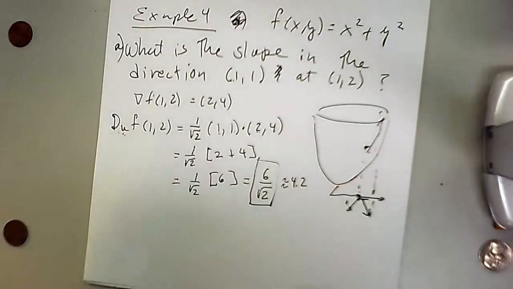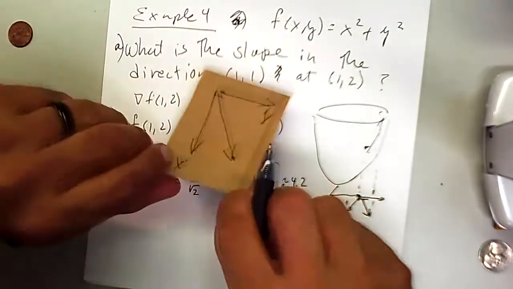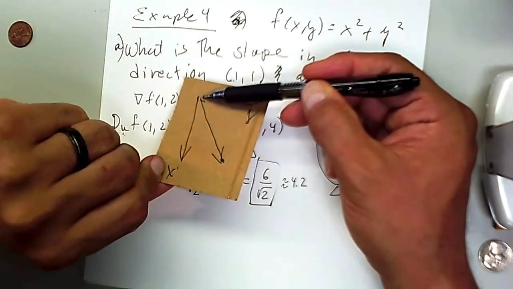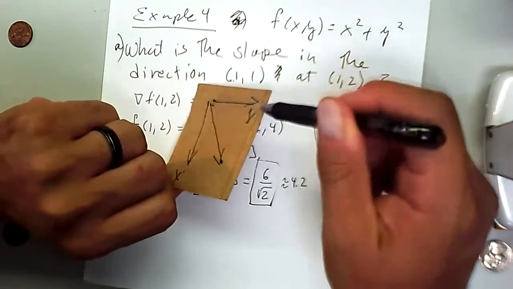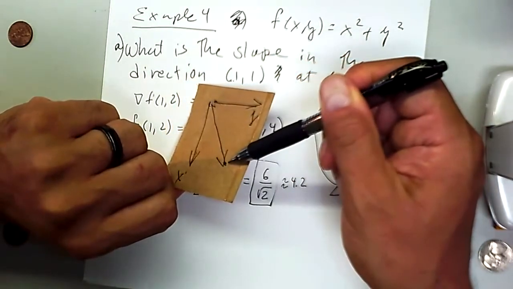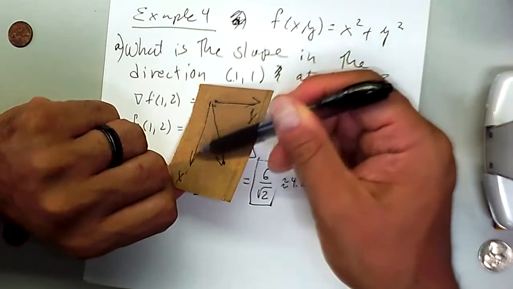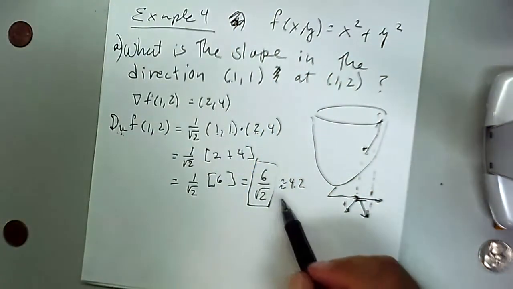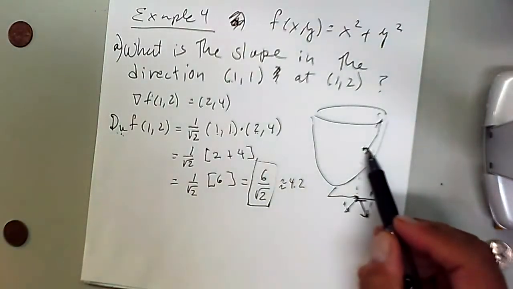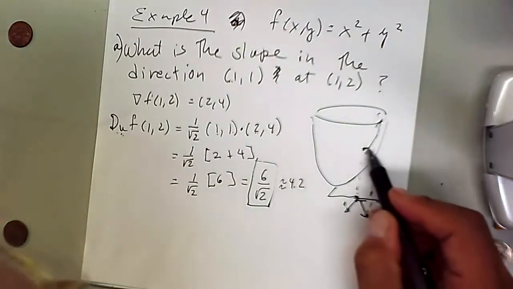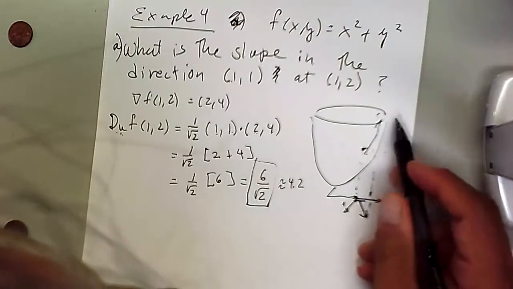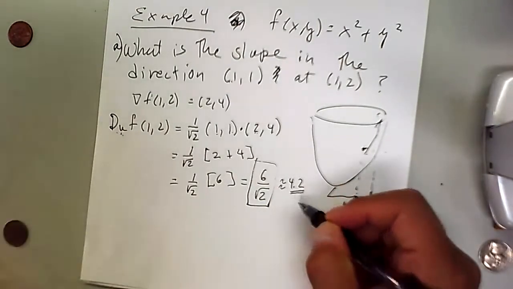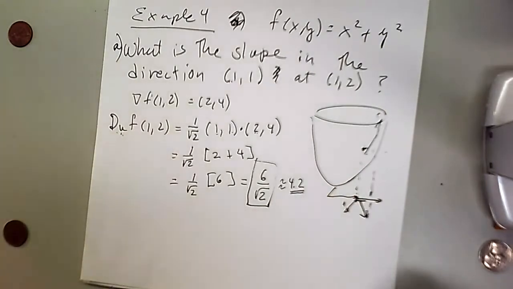So it is possible, now let's point this the other way, up. It is possible that if this is, say, 2 units and this is 4 units, then this is going at a higher slope than this and that individually. That's what's going on here. So going in this direction gives us 2, in the other direction gives us 4. But if you go in between, you actually get more slope.